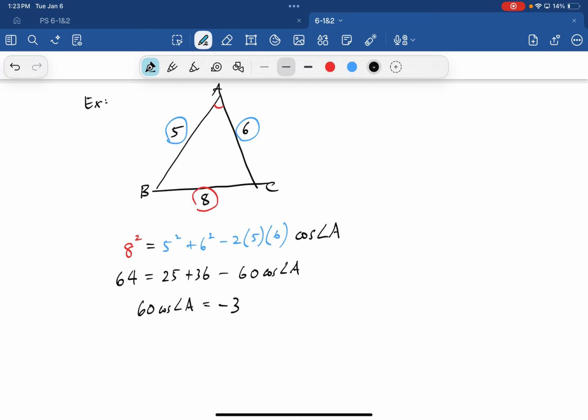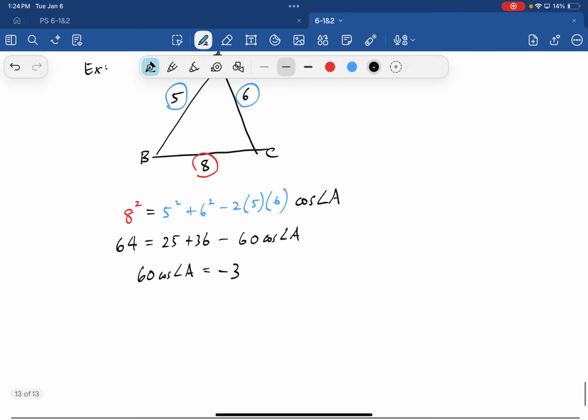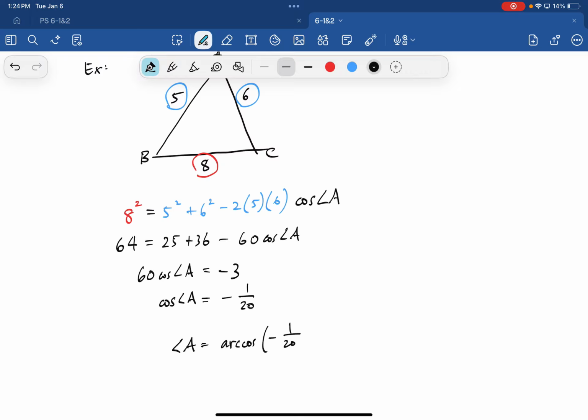Yeah. And then finally, you would solve this. So cosine angle A is equal to -1/20, which means that here we have to use the arc cosine function, right? So we're just going to take an inverse cosine of both sides, which will cancel out the cosine. So we'll be left with angle A equals arc cosine of -1/20.